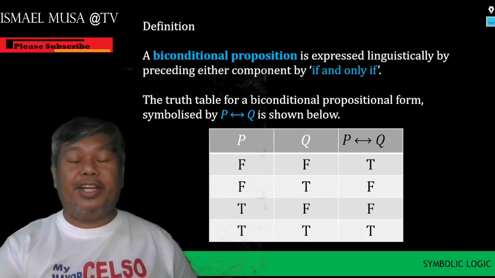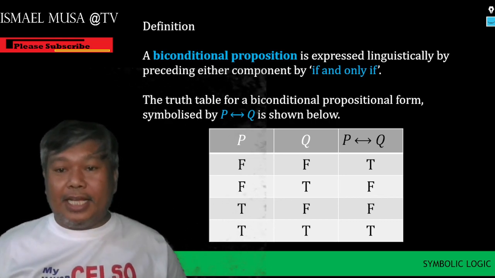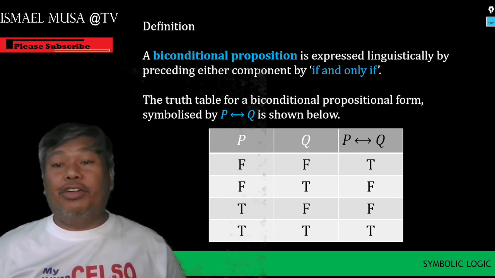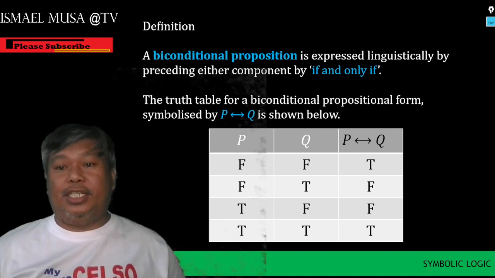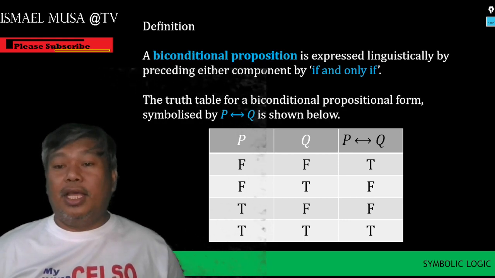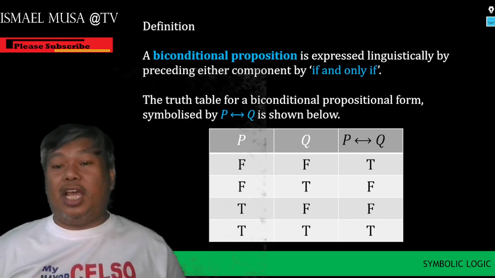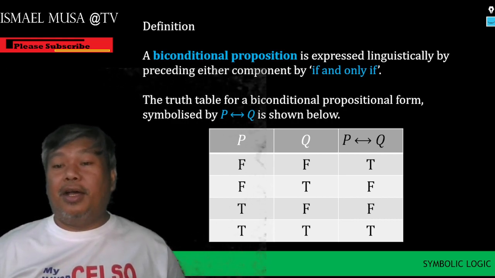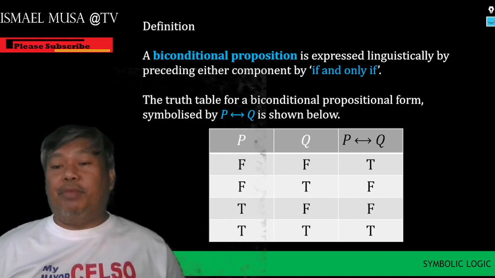So another definition that we have to take note of, class, is what we call the biconditional proposition, and it is expressed linguistically by preceding either component with if and only if. And the truth table for the biconditional proposition form, symbolized by P if and only if Q, is shown below.